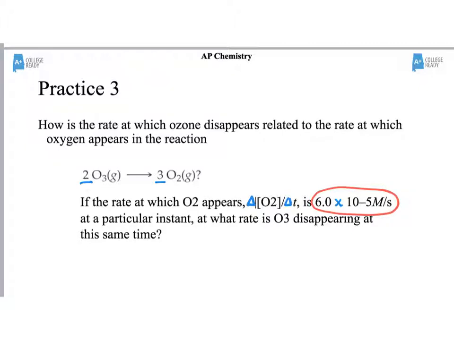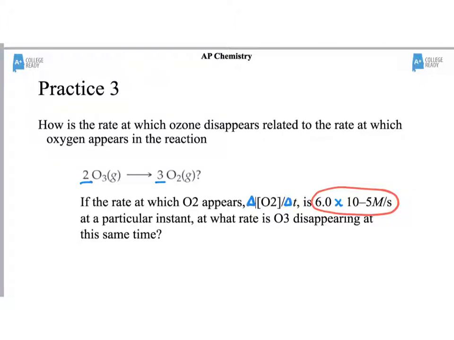It's 3/2 faster. Okay, so if oxygen's 3/2 faster, then what's the rate of the disappearing of ozone? Okay, so we know oxygen, so what's ozone? So ozone's going to be slower. How much slower? It's going to be 2/3 what oxygen is.